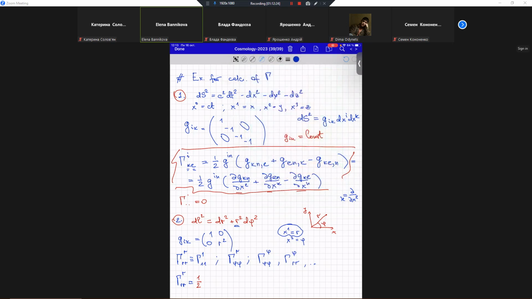After this, instead of the index, I need to write here, for example, R instead of the index, and this is the summation.